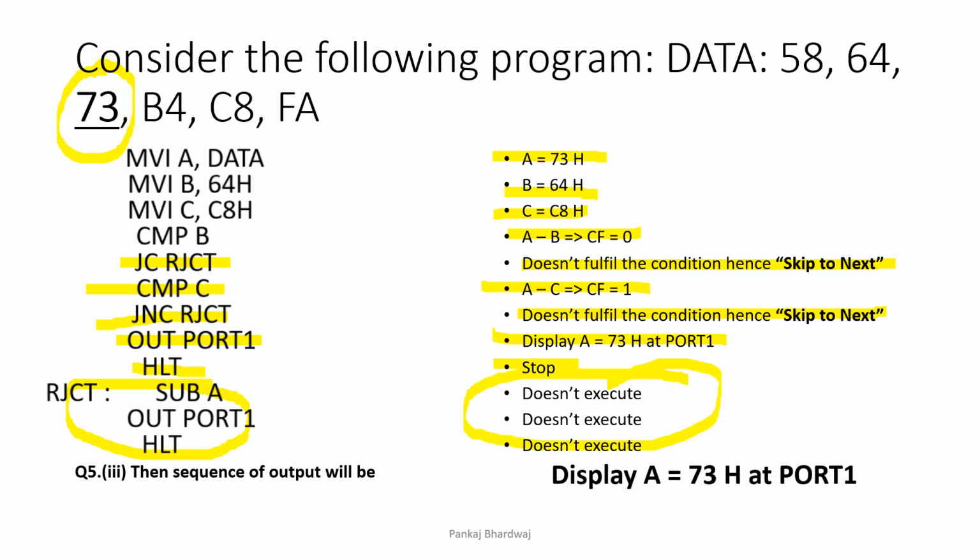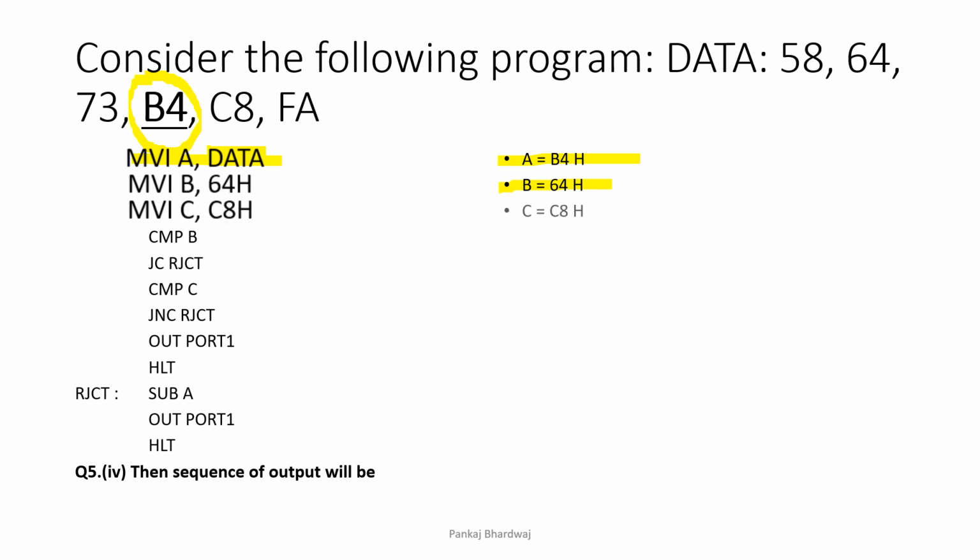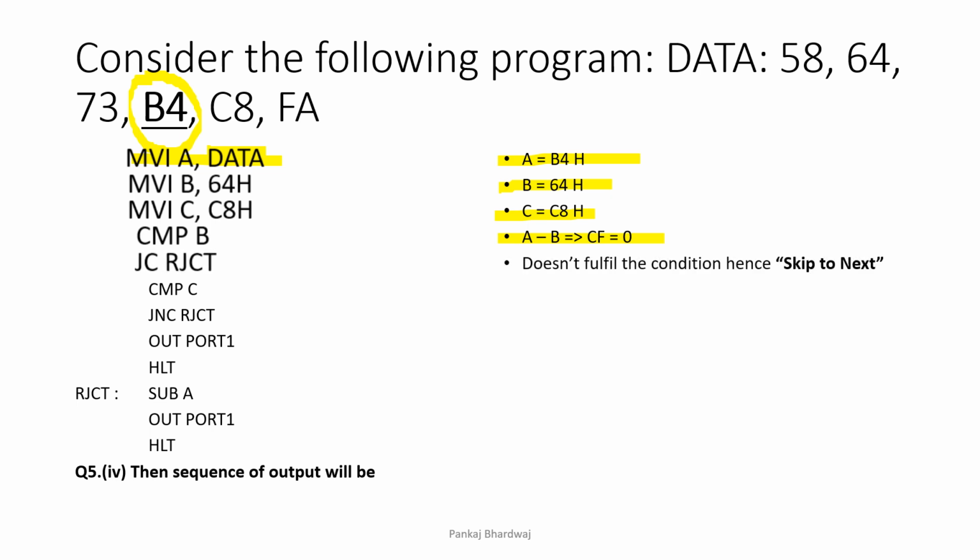Clear? So the output displays A at port 1, that means 73 will be displayed at port 1 in this particular case. Next is when we have B4 data. So MVI, A will become B4, B will become 64, C will become C8. Now we compare A minus B, again CF is not set because B4 is greater than 64, so this condition is not fulfilled.